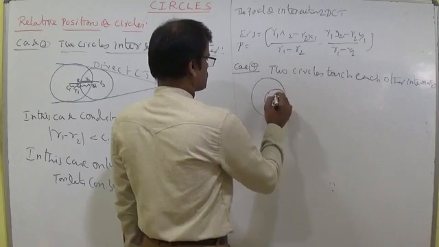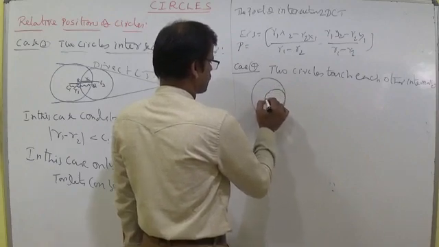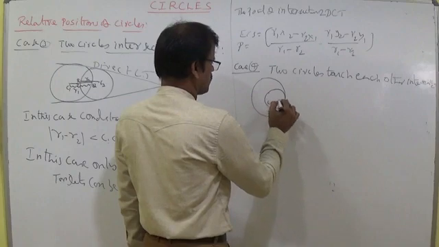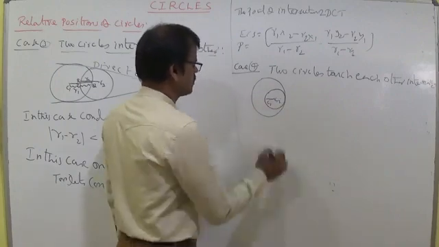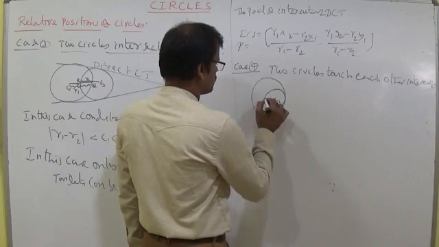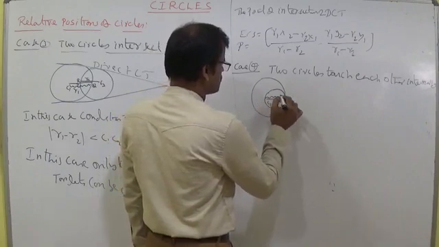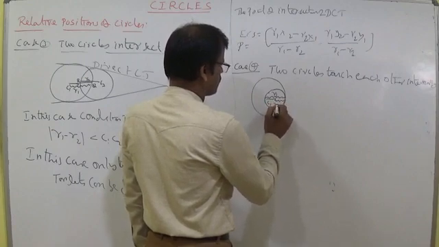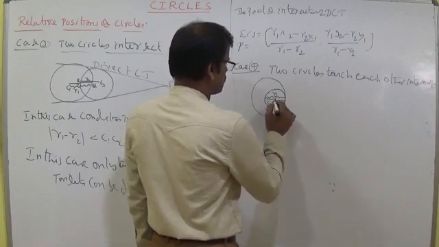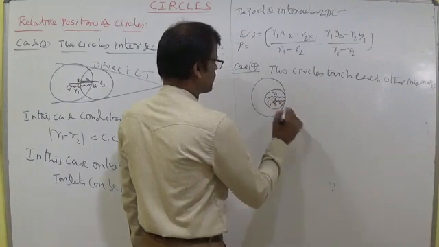This is the case. Put here C1. Put here C2. This is C1C2. From C1 draw like this. This is R1. This is R2. Now observe what is happening.